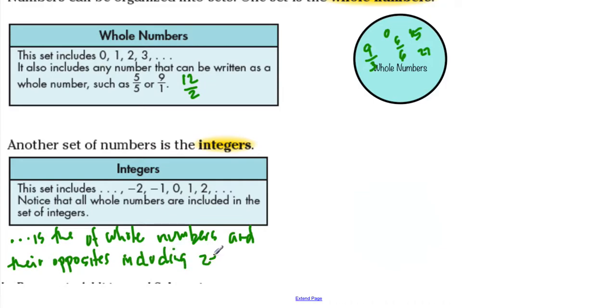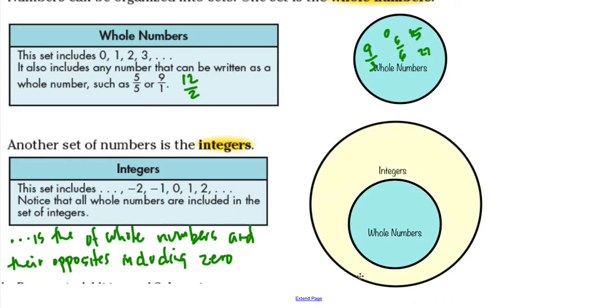So this is the set of integers, and this is your set of whole numbers. The set of integers includes the set of whole numbers. So all whole numbers are integers, but not all integers are whole numbers.